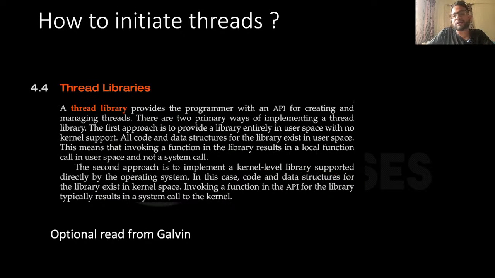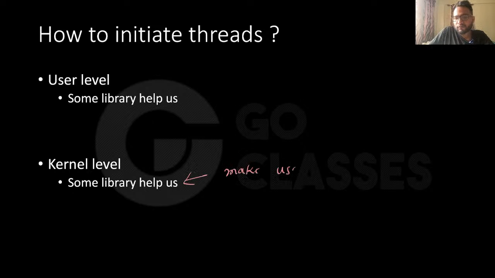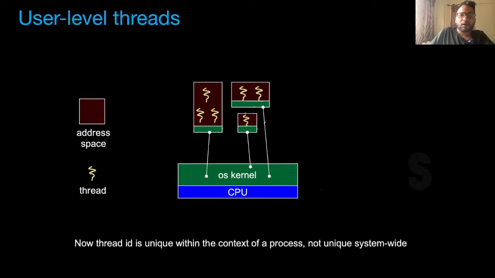So basically, there are libraries that help us to create the kernel level threads, and those libraries make use of system calls, right?